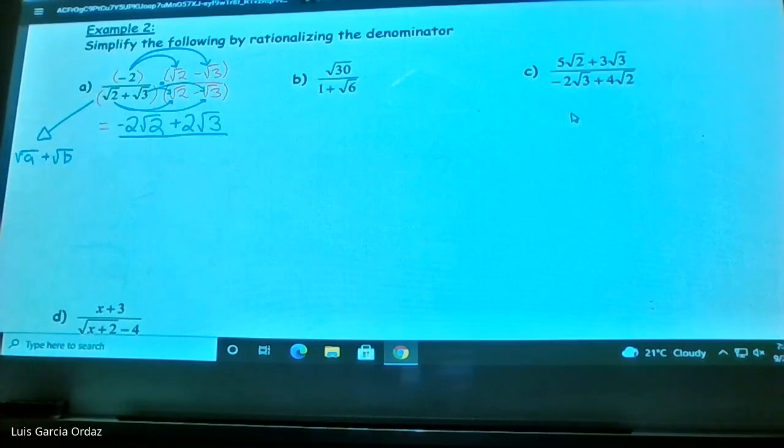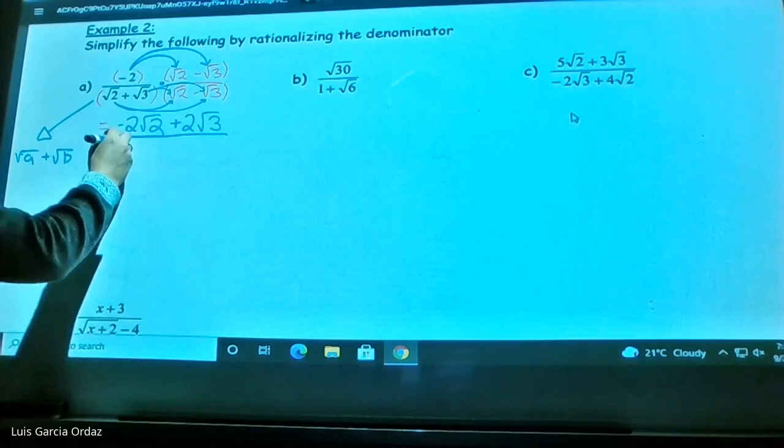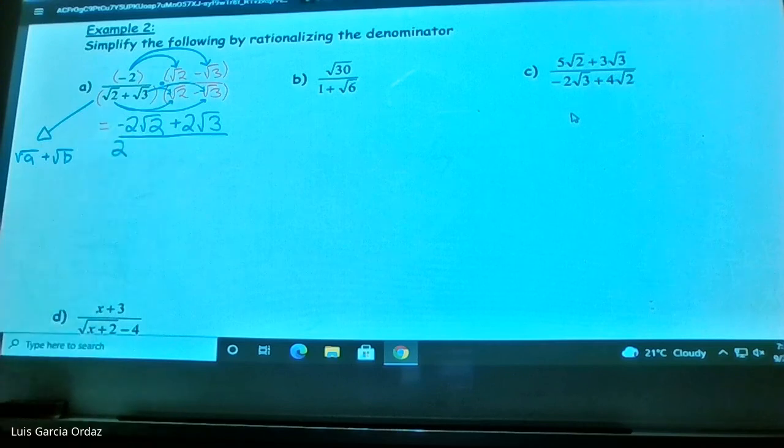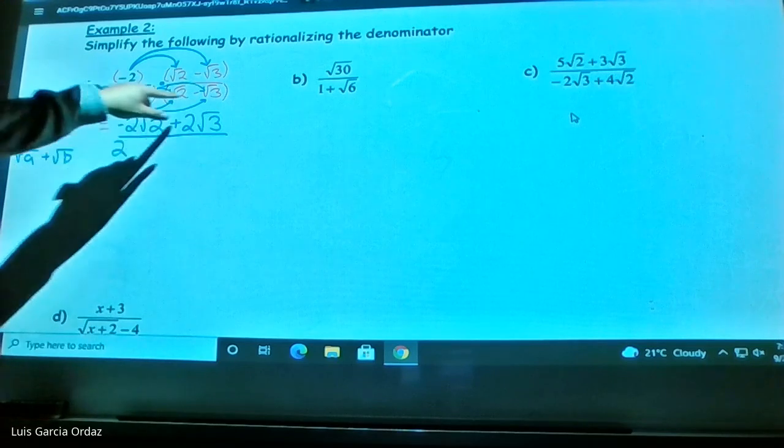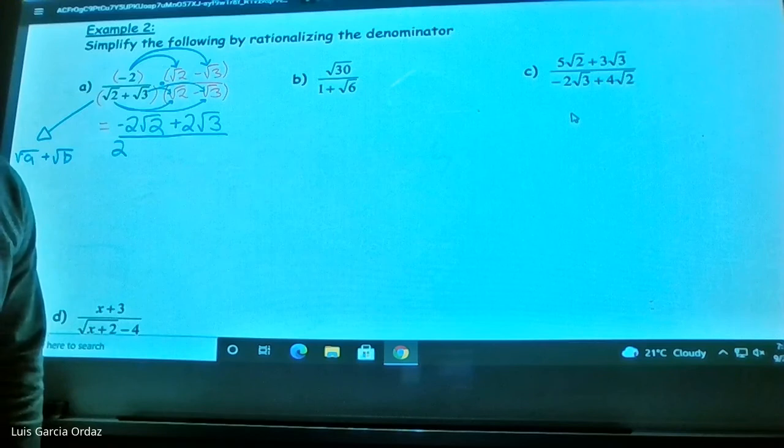For the first one, root 2 times root 2, what does that give us? It's going to give us 2. So we have 2 as our first term. Now root 2 times negative root 3, what does that give us?